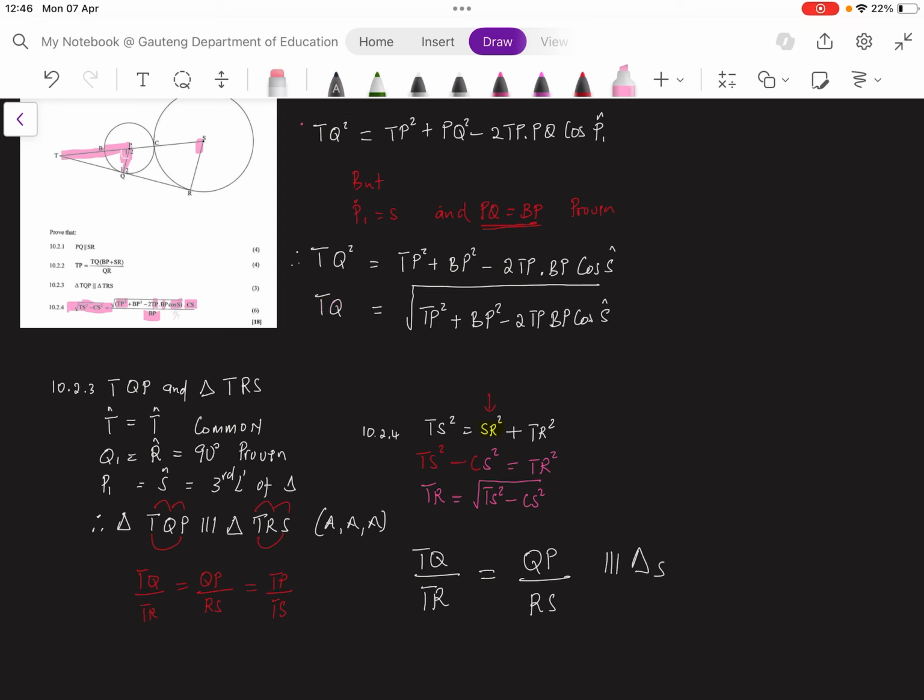If I make TR the subject, I am going to have TR is equal to, cross multiplying, TQ times RS over QP.